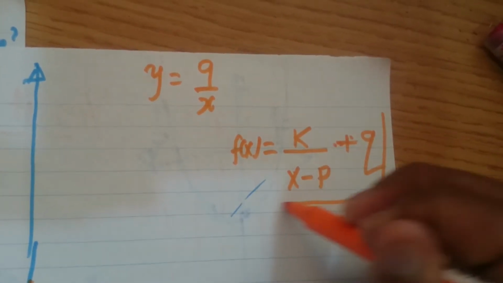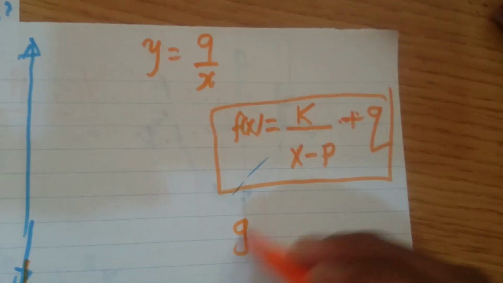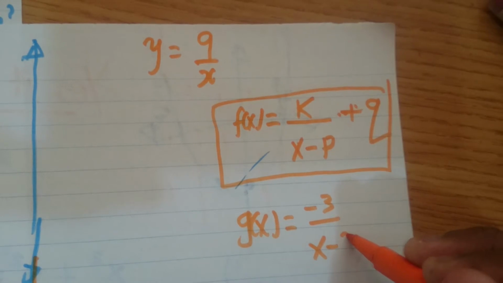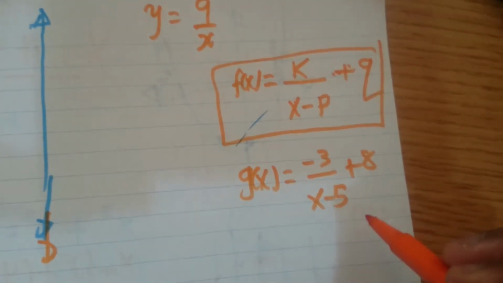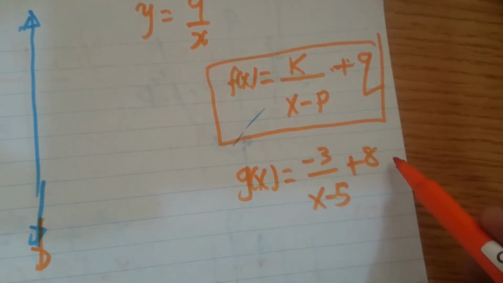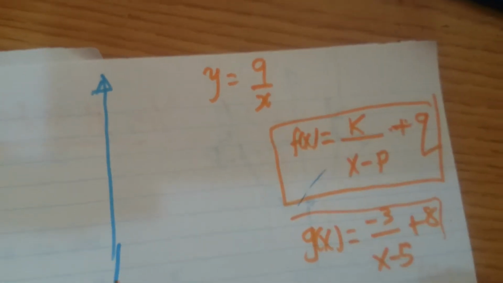For example, if somebody gives g of x equals negative 3 over x minus 5 plus 8, this is a hyperbola, because the denominator has an x, and on top must be a number, and this must be a number. You don't have to do all this, but I want to explain how it works just in case you forgot.